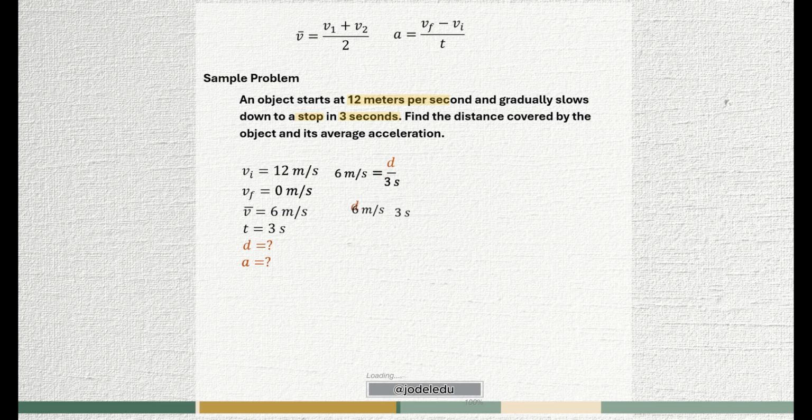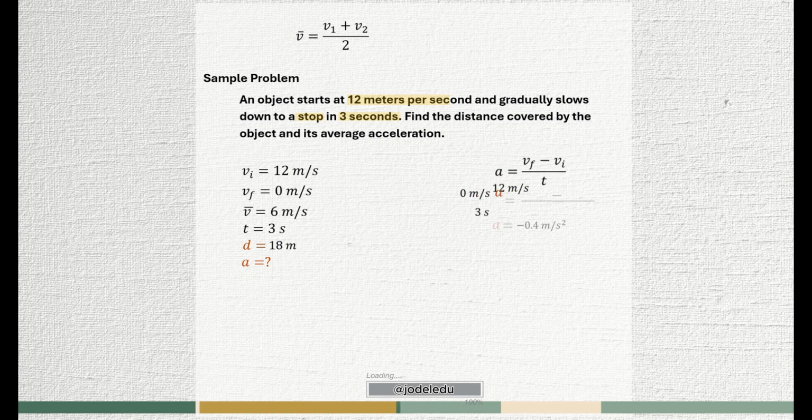In this case, the distance covered is 18 meters. Similarly, you can find the acceleration using the initial and final speeds and the time. The acceleration is negative 4 meters per second squared.